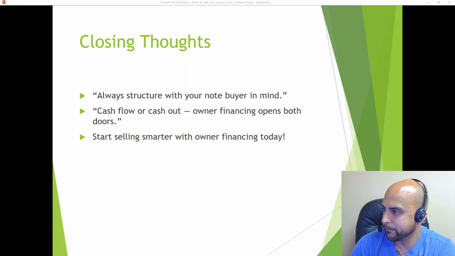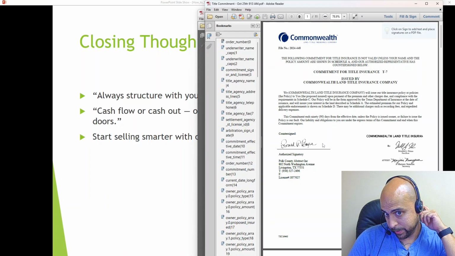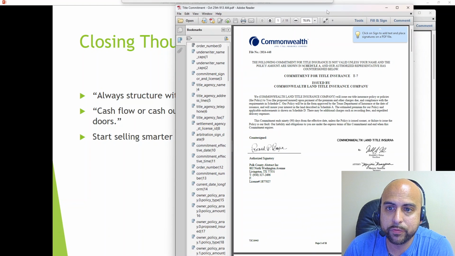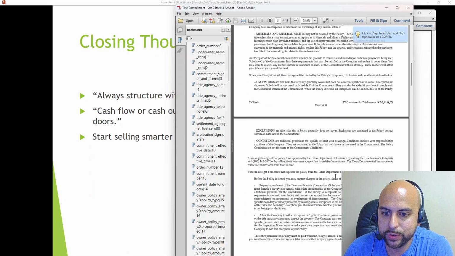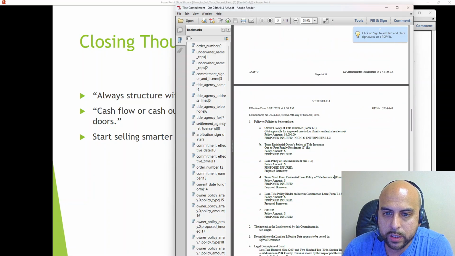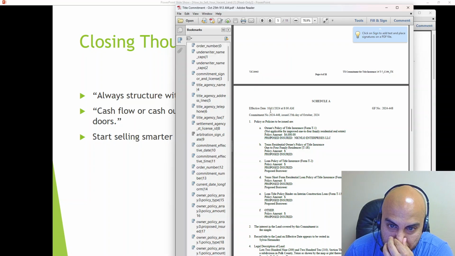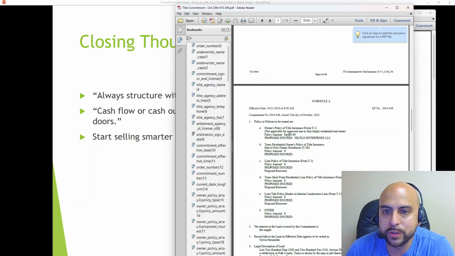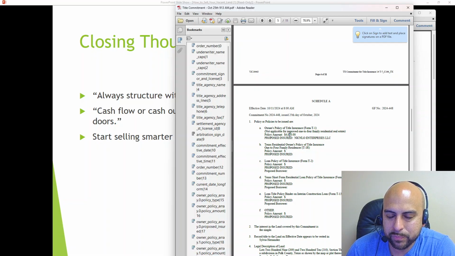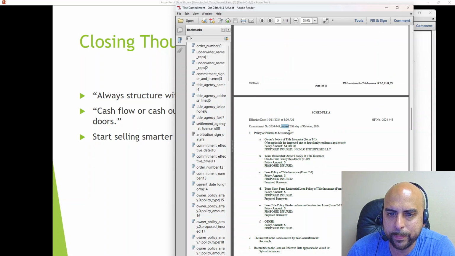Okay, here we go. So here is a commitment for a property that I purchased. I just want to show you guys the price. We went into the contract in October. It didn't close until about a month later. This was issued on the 25th. So this deal closed on the 12th or 13th of November.